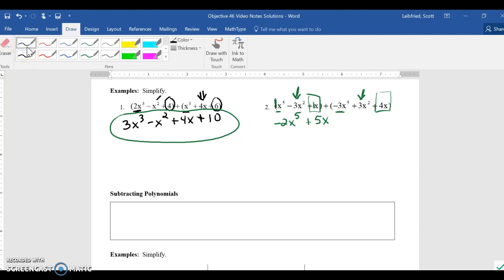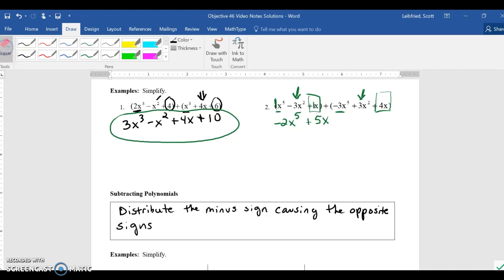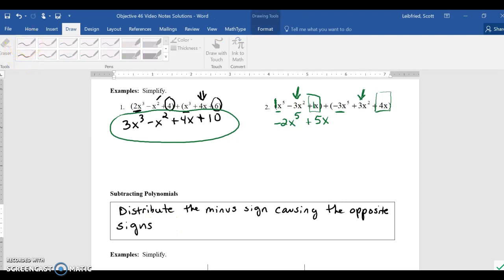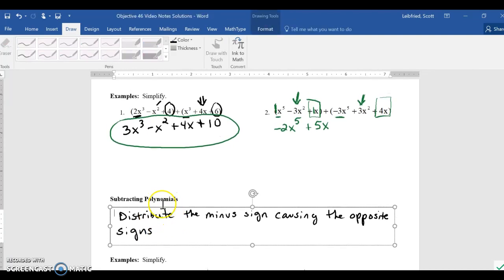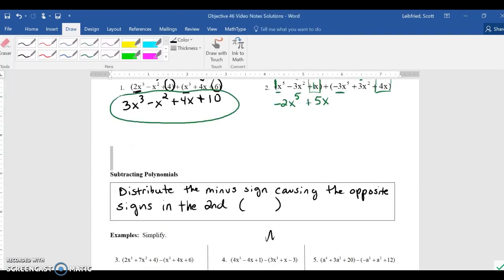What we're going to do is distribute the minus sign, causing the opposite signs in the second parentheses.